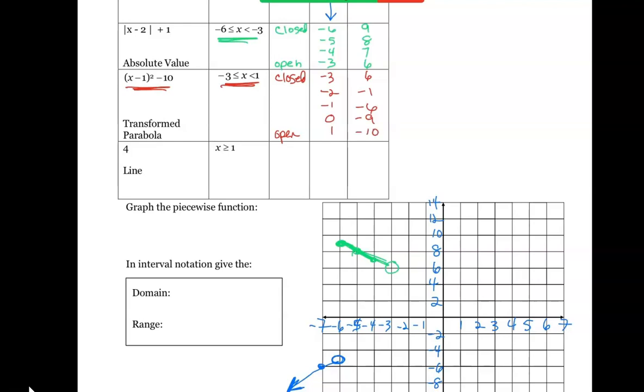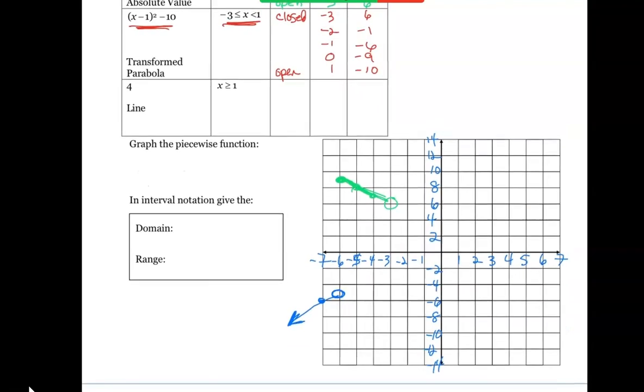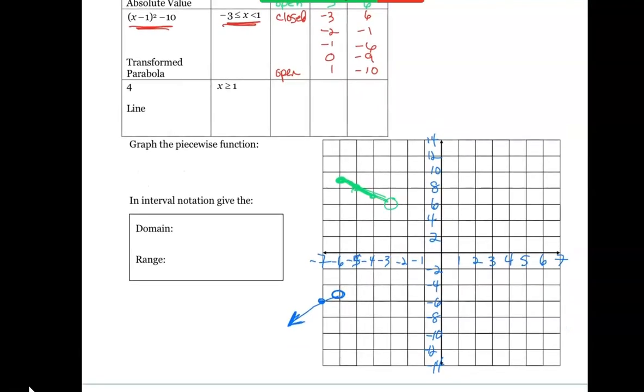And now we're going to plot the red. So come down here. The first one is -3, 6. Look what's going to happen: I am going to fill in the open circle with the red. Then I have -2 and -1, so that's going to be about here.